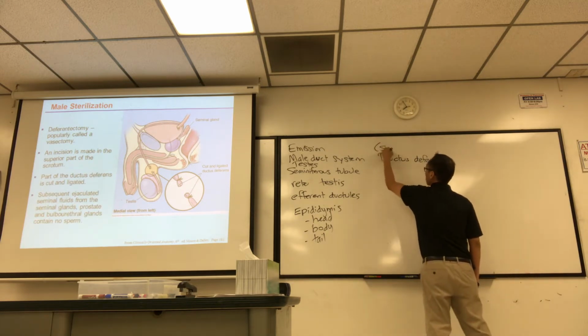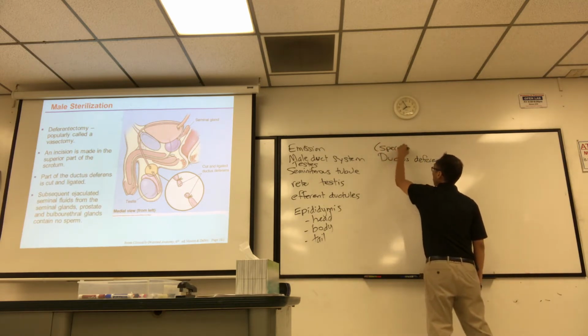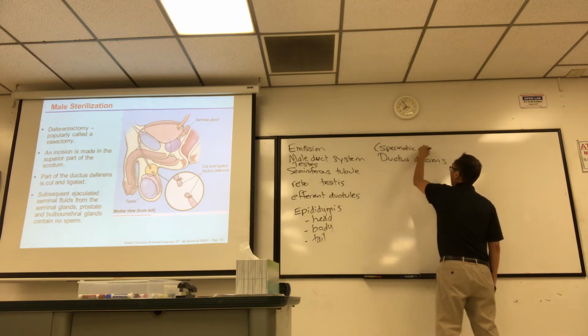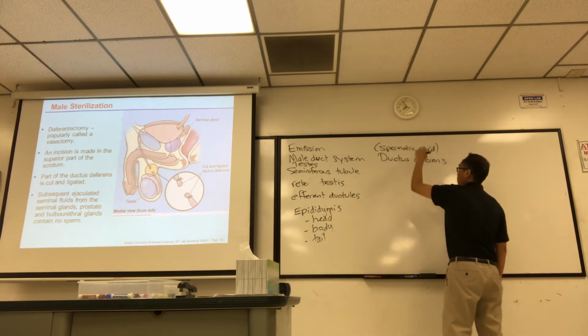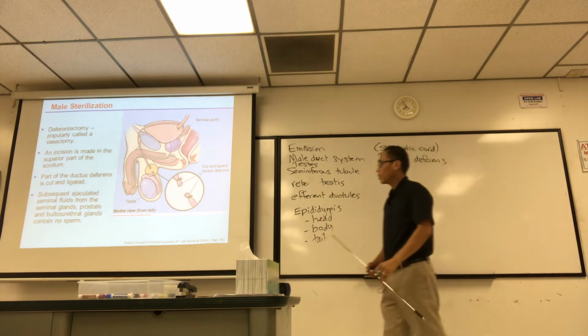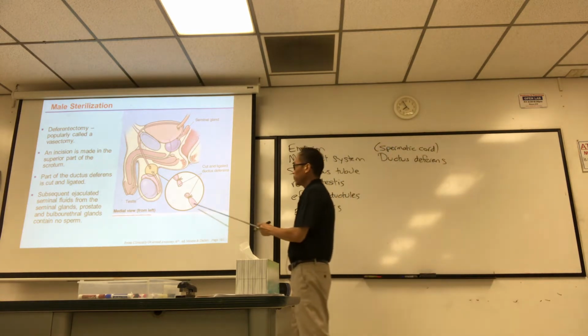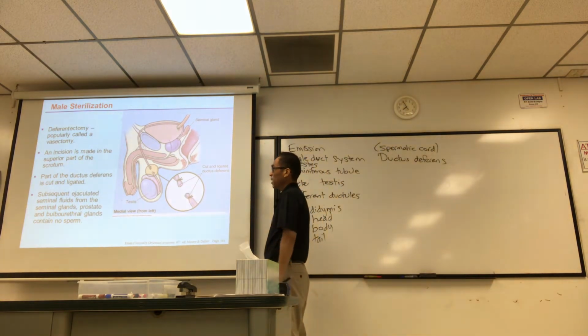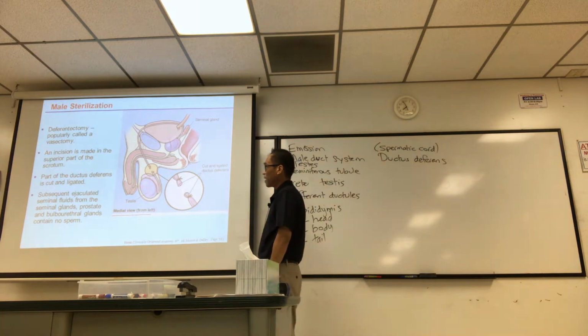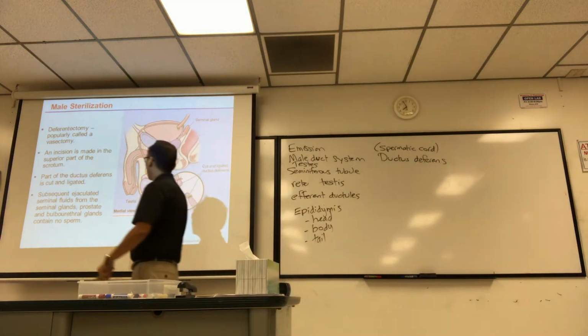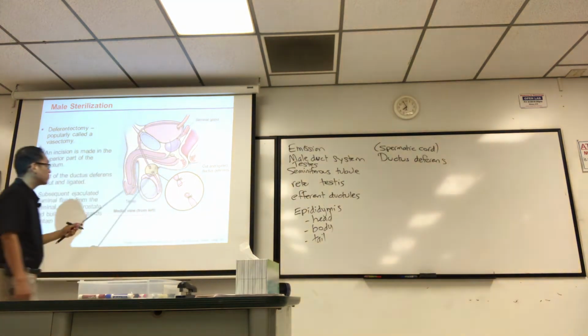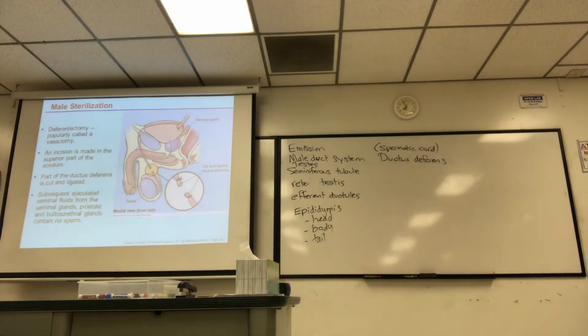So we're within the spermatic cord now. A little side note, if you want to sterilize a male, that's kind of where you cut. Cut and ligate to make a man sterile, a vasectomy. It's easy to get to. It's outside the body cavity. It could be done in the urologist's office. Okay.